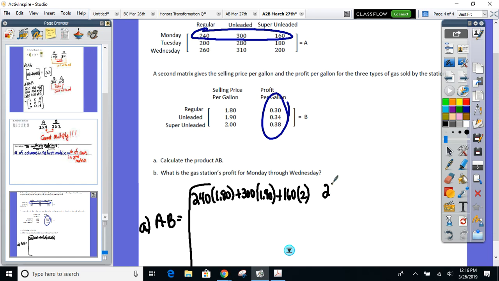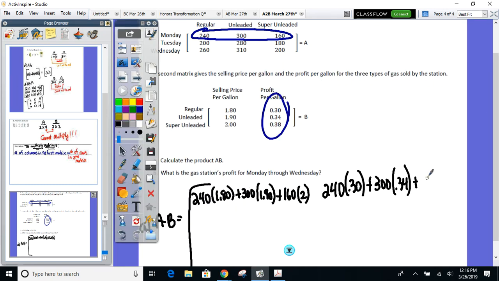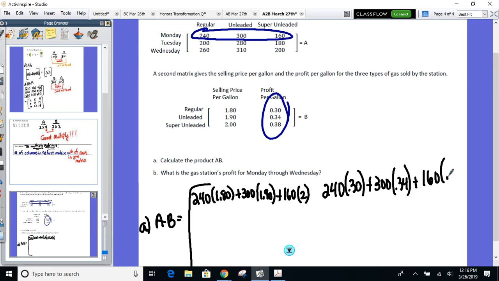So I'm going to go 240 times 0.3 plus 300 times 0.34 plus 160 times 0.38.